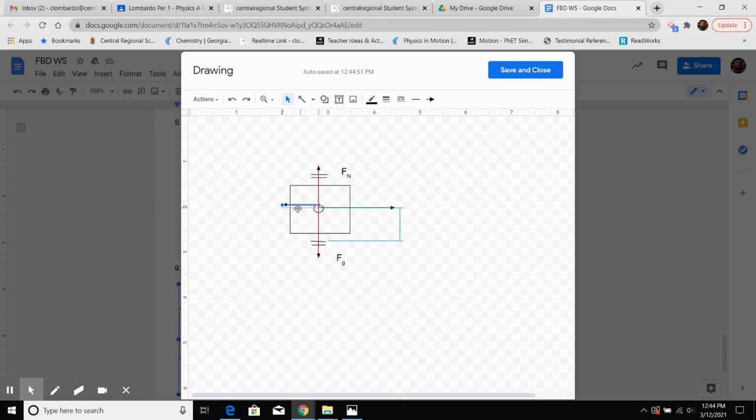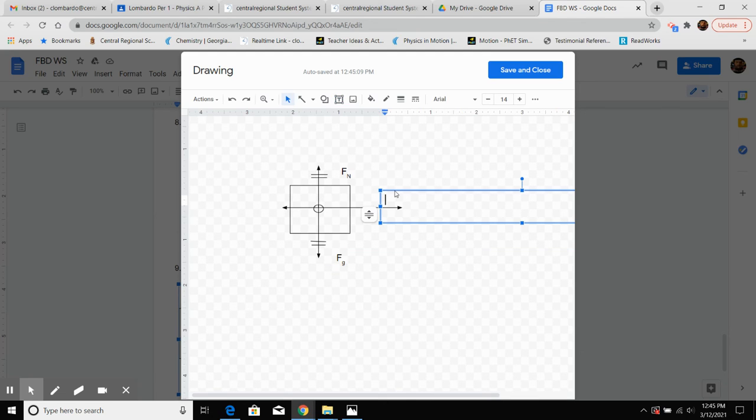Not a lot, but there's going to be a little bit. Select, drag that down just a tiny bit. Okay, so if you were to just look at this, if these two are equal, this right arrow, this applied force, looks like it is going to be larger than the friction force. And if that's the case, the net force would be in the rightward direction. So here's our applied force.